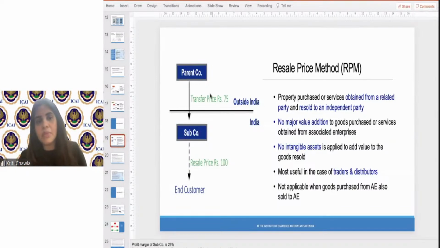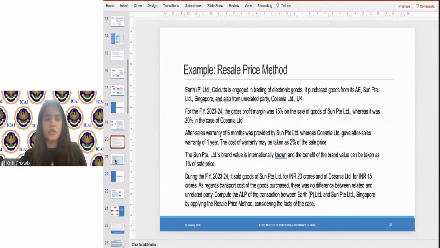We'll discuss an example now. It will get more clear. But before that, do you have any questions on the resale price method? Any questions on the resale price method? Or we'll go to the example on how you apply a resale price method.